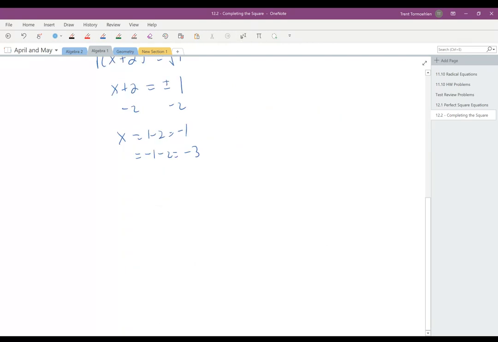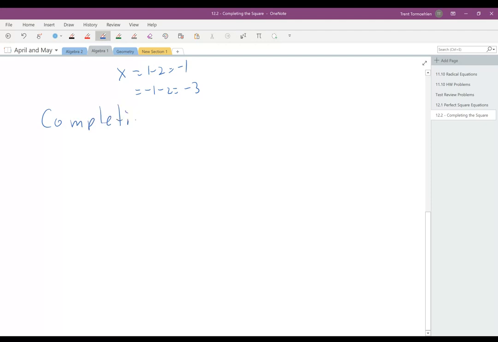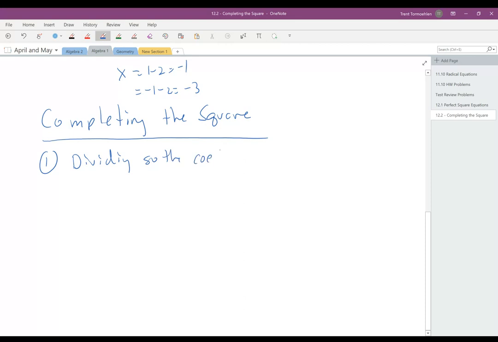So our procedure for completing the square is this. We start by dividing so that the coefficient of the x squared term is 1.